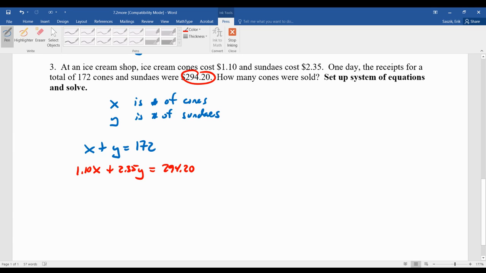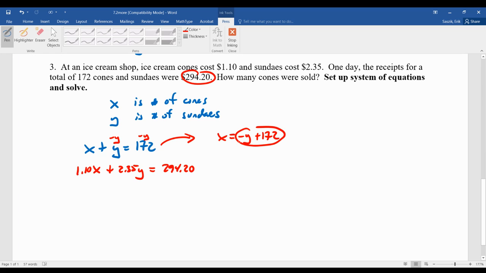Now, I could solve this using either elimination or substitution. Because I have decimals in here, I'm going to do substitution. But either way is fine. That means I have to solve the first equation for either x or y. I'm going to solve it for x. It wouldn't matter. So this first equation becomes x equals negative y plus 172.